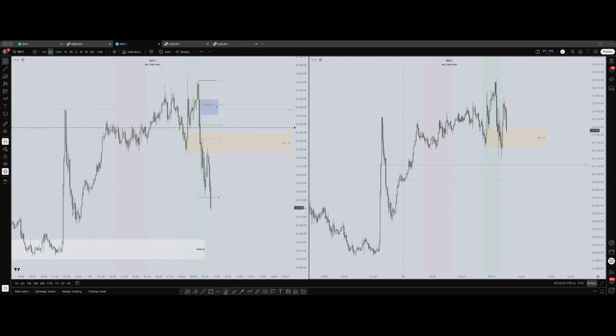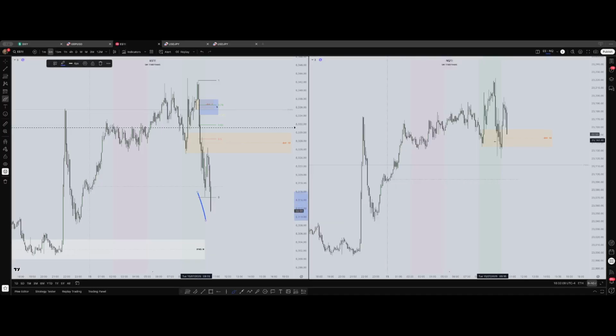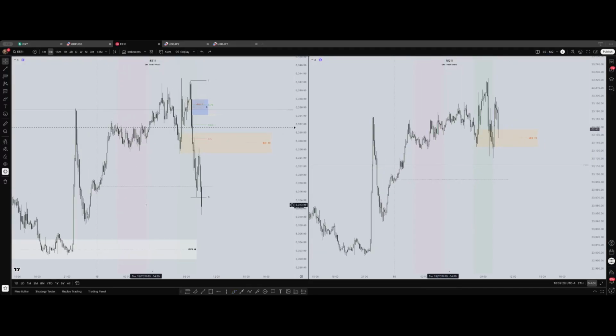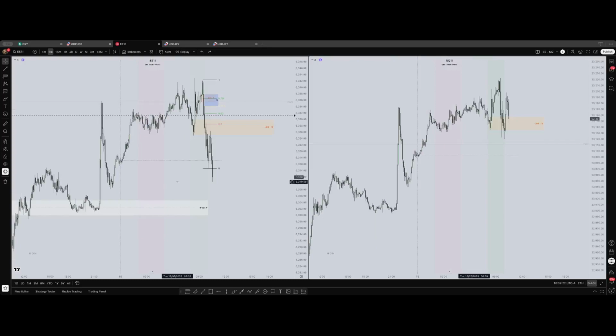You must be very careful in markets like this, when you have ES doing one thing and Nasdaq doing another. We want these two assets being symmetric. When it's asymmetric, it's not good. It's dangerous.